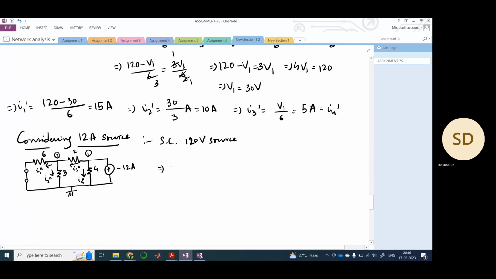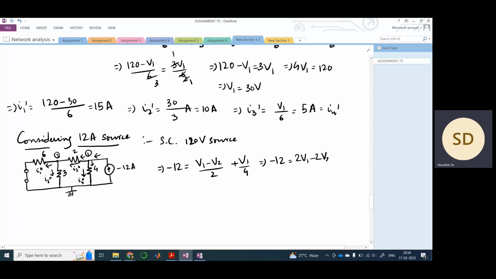So here minus 12 equals, this current is getting divided here and here, so minus 12 equals (V1 minus V2) by 2 plus V1 by 4, right? So this would be 2V1 minus 2V2 plus V1 by 4. So minus 48 equals 3V1 minus 2V2, right?